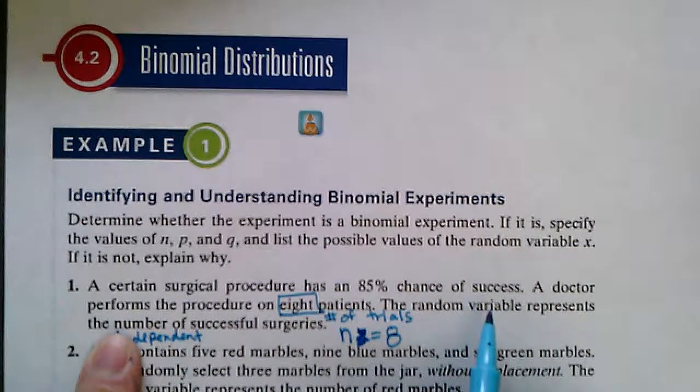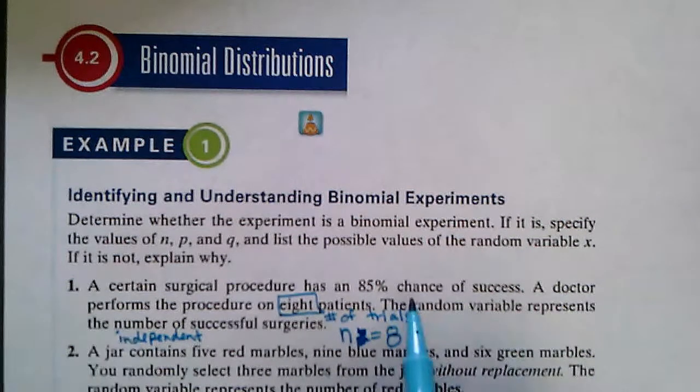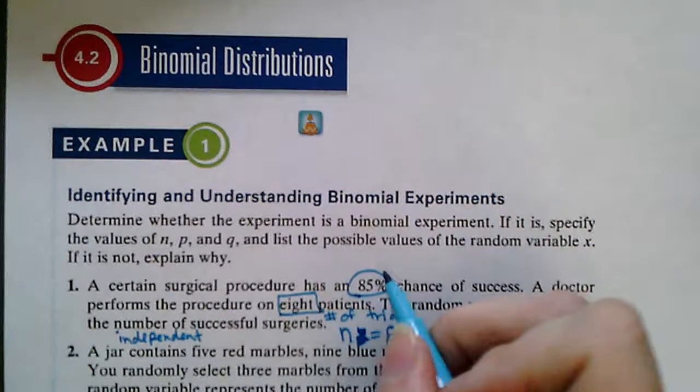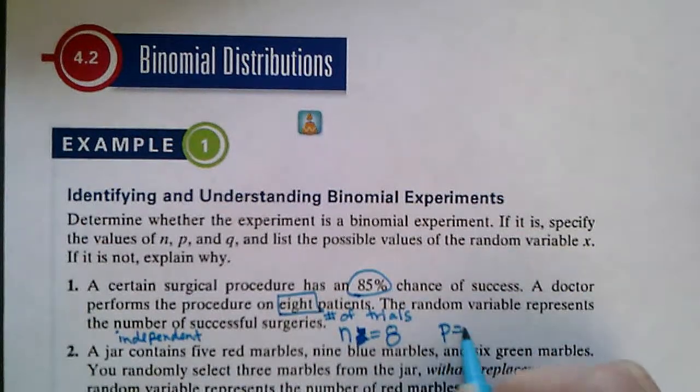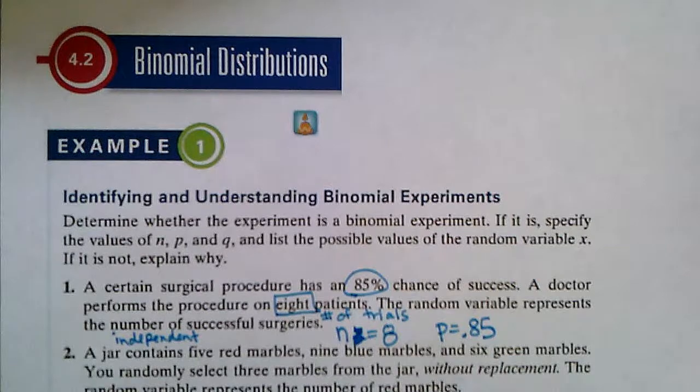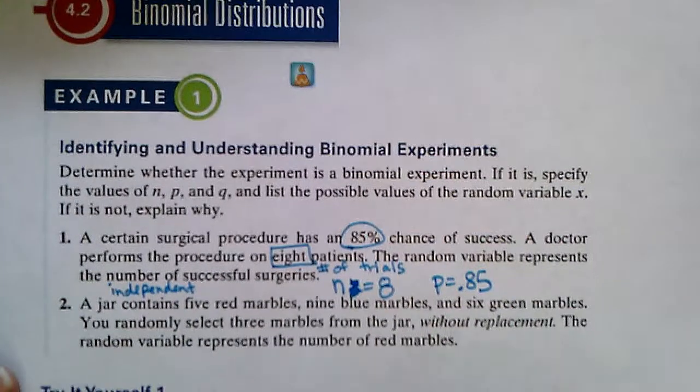Another requirement is that each trial can have only 2 outcomes, which are success and failure. So that is also true. The probability of success has to remain the same. That is this right here. That is p. So p would be 0.85. So we've met all of our requirements for binomial. So it is binomial.